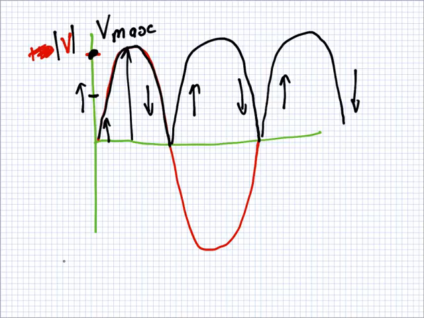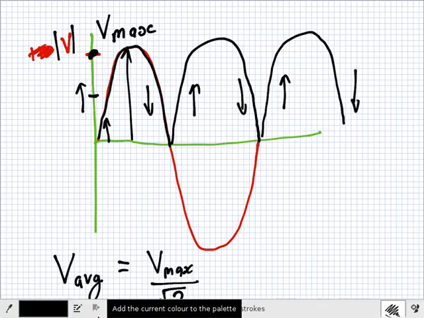In fact, there's a formula here for the average. The average voltage is equal to the maximum voltage divided by, and it's actually not 2, it's root 2. Now the reason for that, I can't tell you. Well, I could tell you, but it's not something you do in maths class.